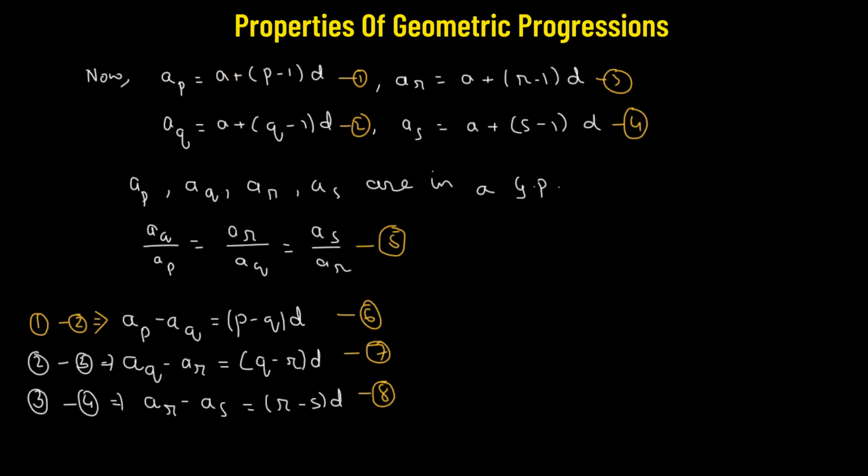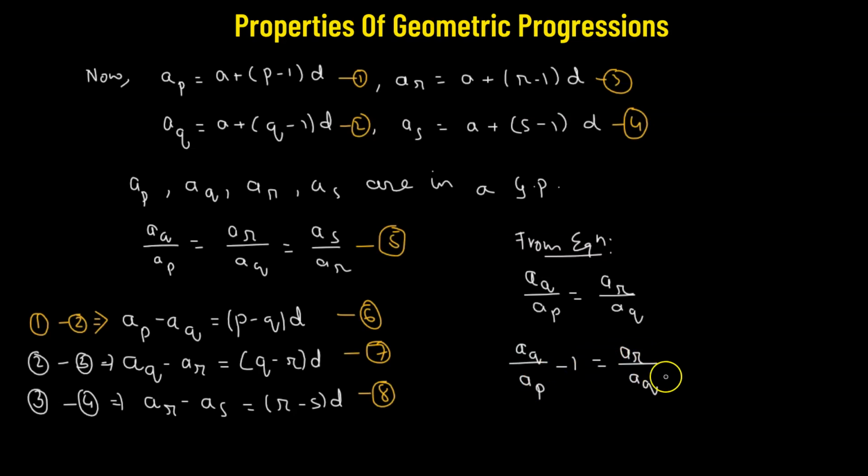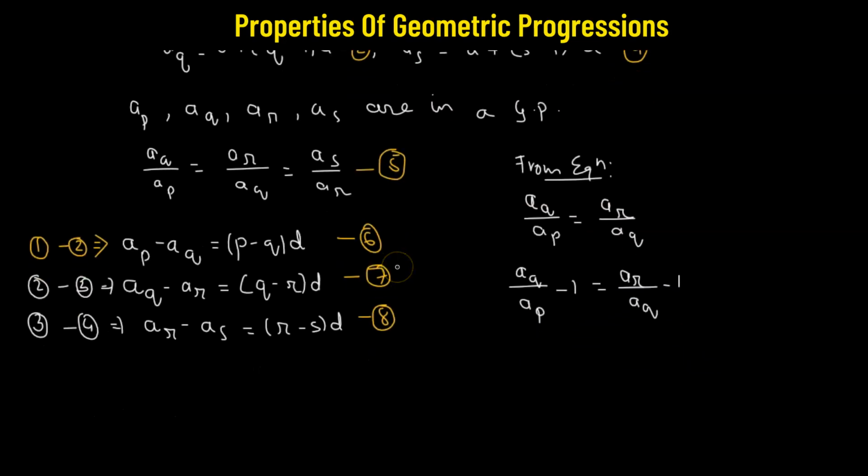Fine. Now from equation number 5, let's choose AQ divided by AP, that's equal to AR divided by AQ. Now what we'll do, we'll subtract 1 from both sides. So we have AQ over AP minus 1 equals the Rth term divided by the Qth term minus 1. Let's compute them. We get the Qth term minus the Pth term divided by the Pth term, which is equal to the Rth term minus the Qth term divided by the Qth term.